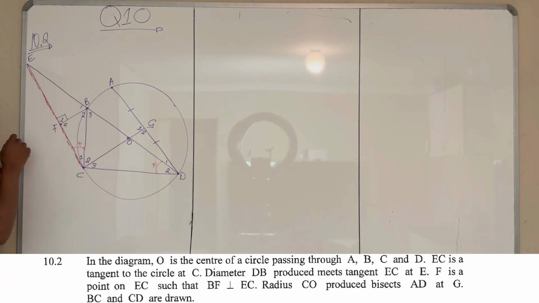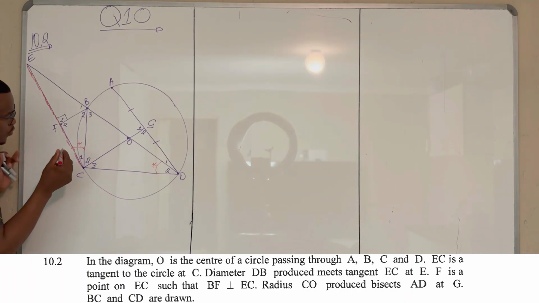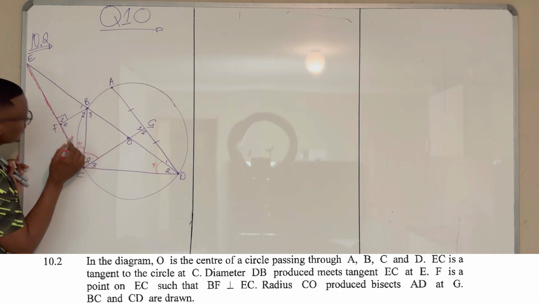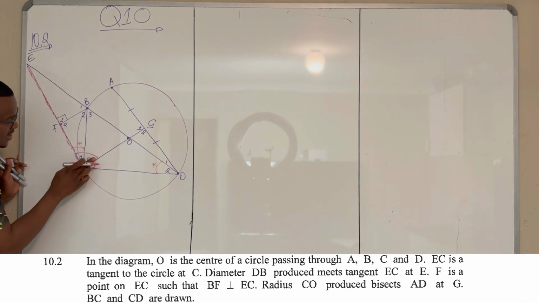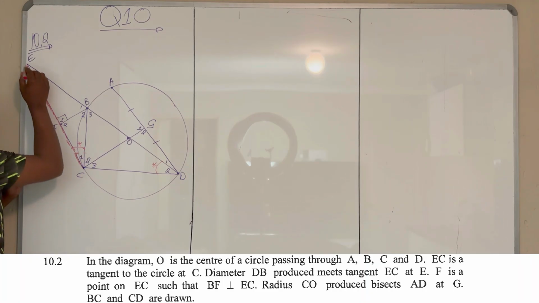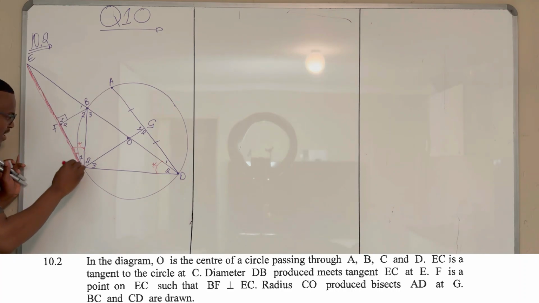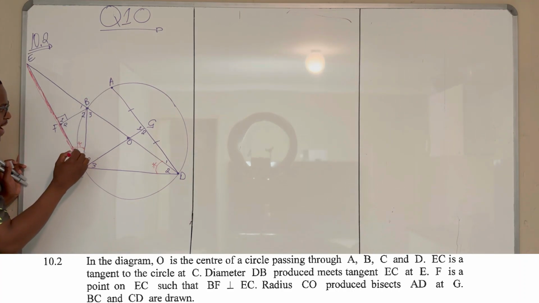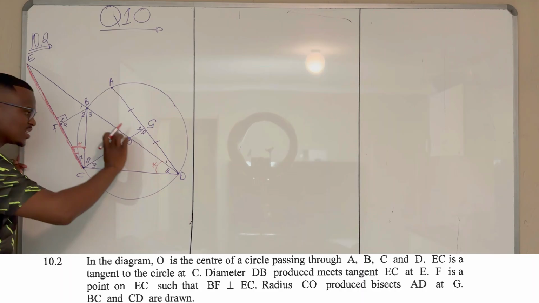Right? So in a similar way, if you were to look at this entire angle over here, actually this is not a chord, so it will not work, because this is the tangent over here. This is a tangent EC, and it intersects the chord CB. So the angle between the tangent EC and chord CB will be equal to the angle that this chord will subtend on the other side.